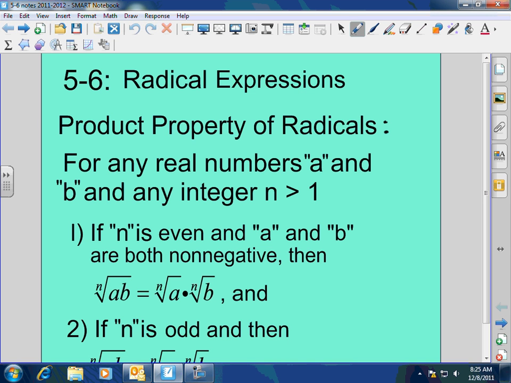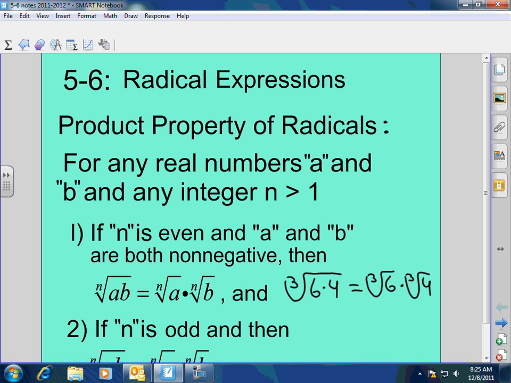So what that means in a nutshell is if I have the cube root of 6 times 4, that can be broken up into the cube root of 6 times the cube root of 4.